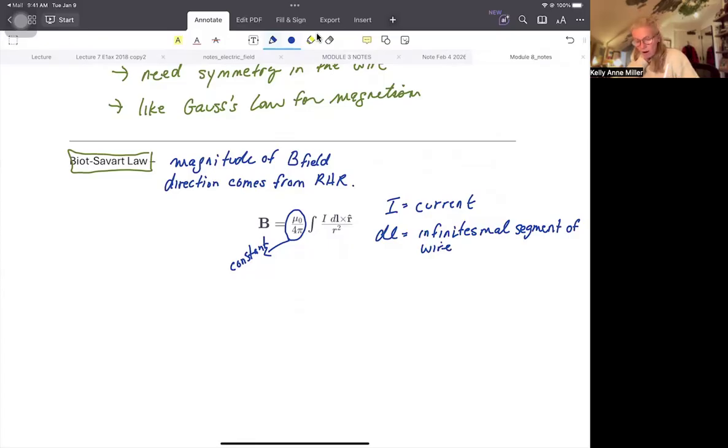R is the distance from the wire to the point that we're interested in, the point where we want the B field calculated.